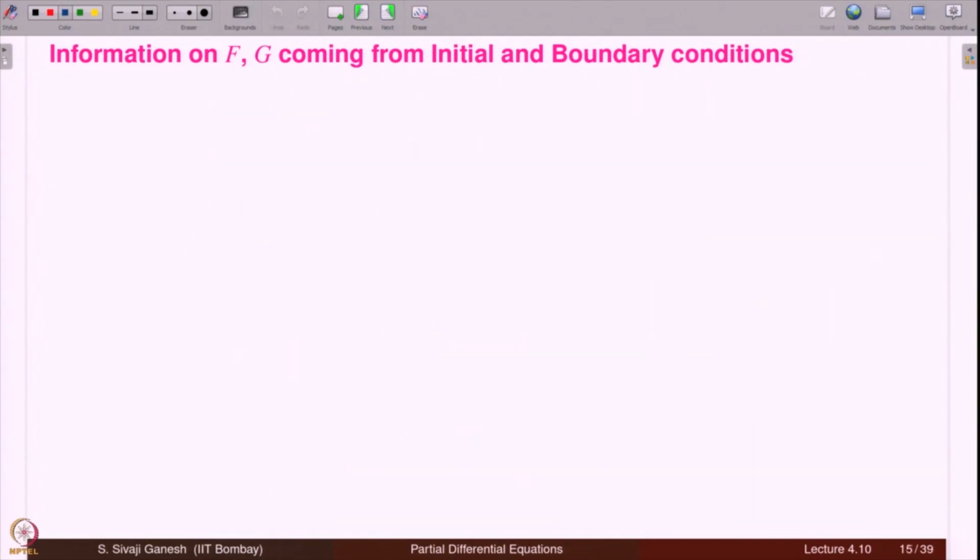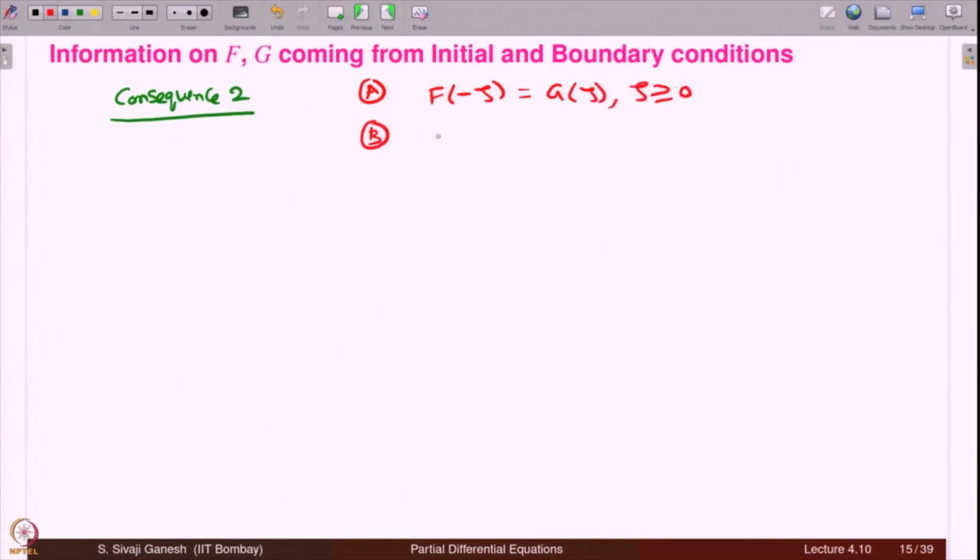So, let us look at the second consequence. Let us briefly recall again what was A: f of minus zeta equal to g of zeta if zeta is greater than or equal to 0, and B was g of eta equal to minus f of 2 minus eta, of course eta is greater than or equal to 1.